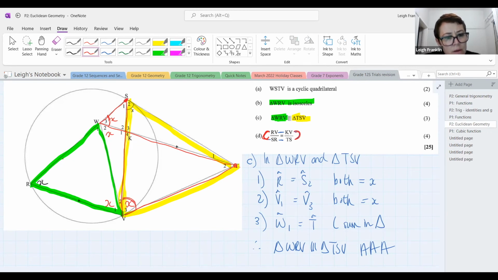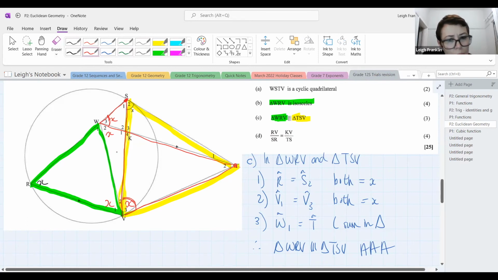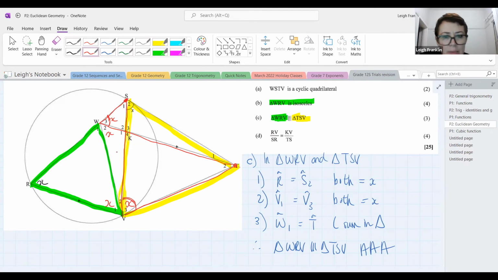KVT, no, that's not going to work. All right, we're running out of time here. Let's write the corresponding sides that are in proportion.